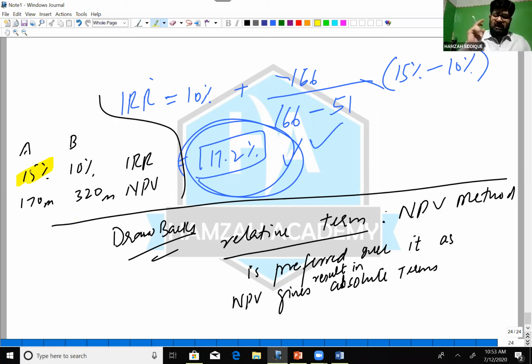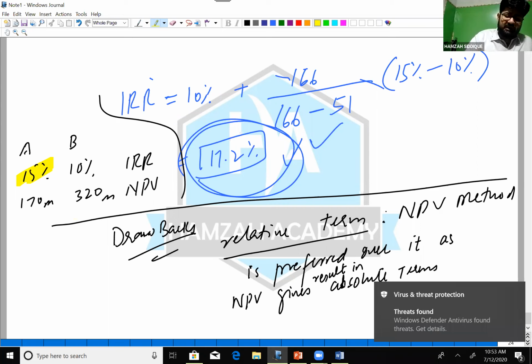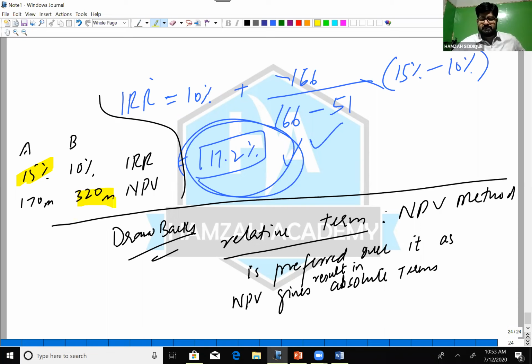If we choose on the basis of NPV, now students, which one is preferred then? By NPV, wealth is increased 320 million. So NPV is preferred because it is telling the exact impact on the wealth.